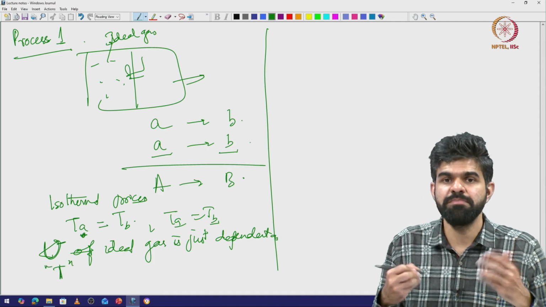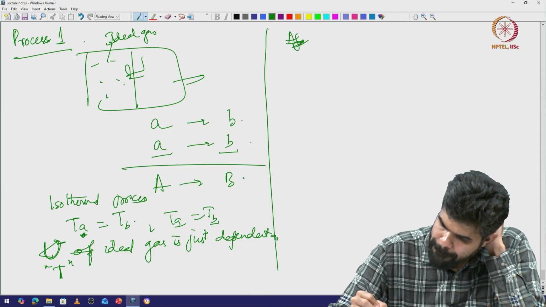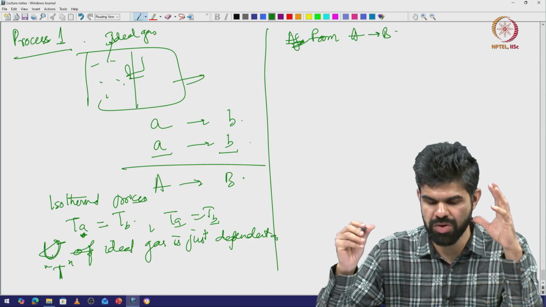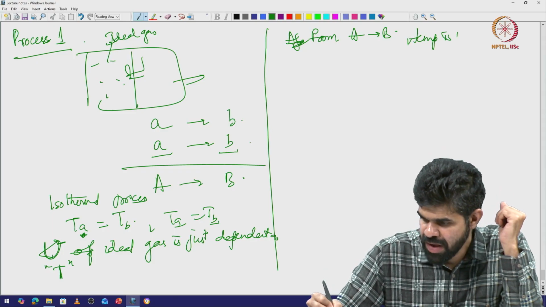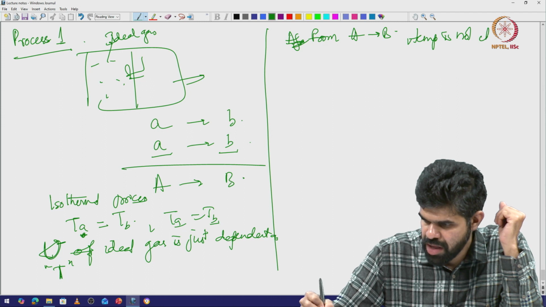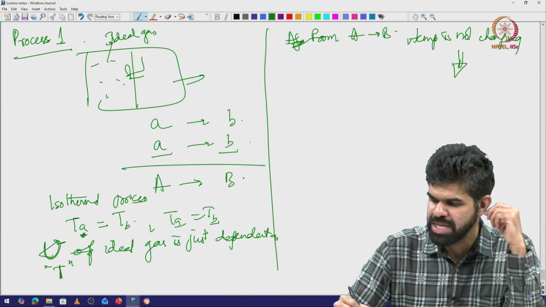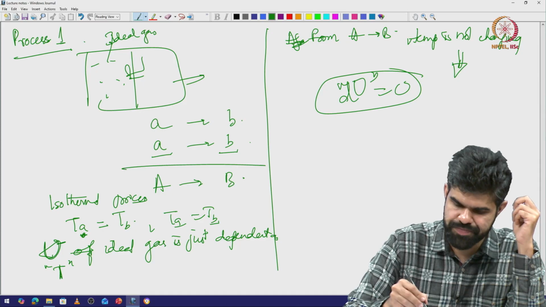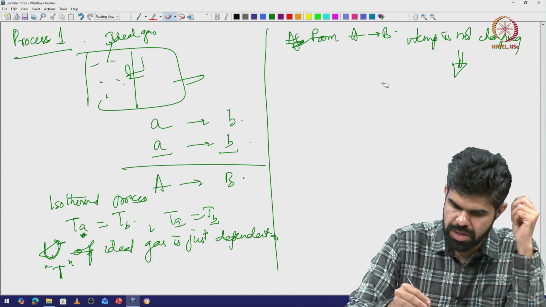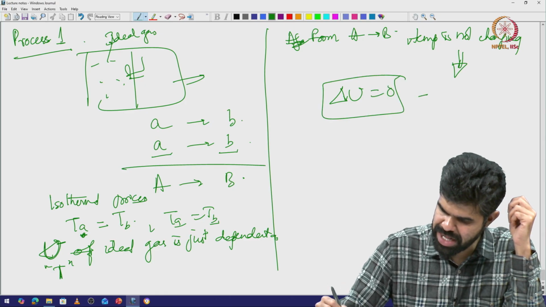If temperature is not changing, so from A to B, initial state to final state, temperature is not changing, or this is an isothermal process, and that means that internal energy change delta U equal to 0, no change in internal energy.